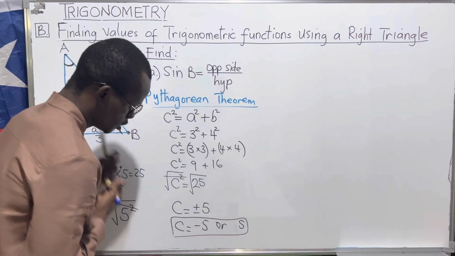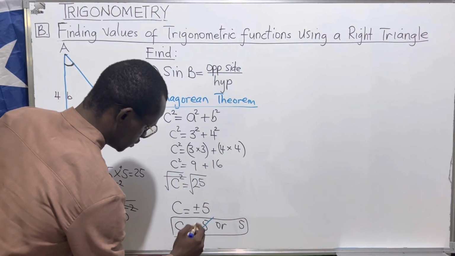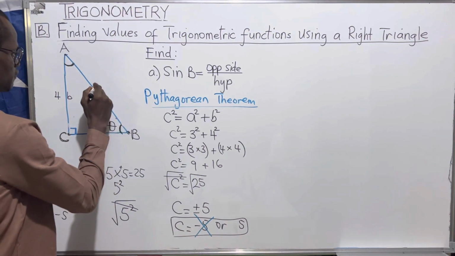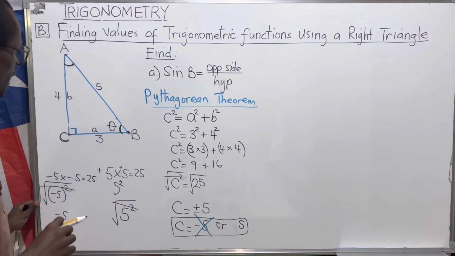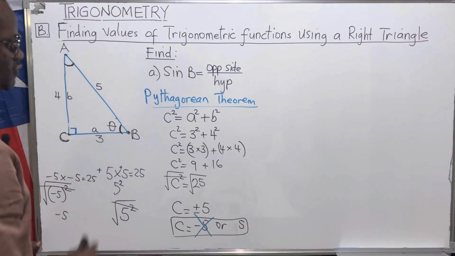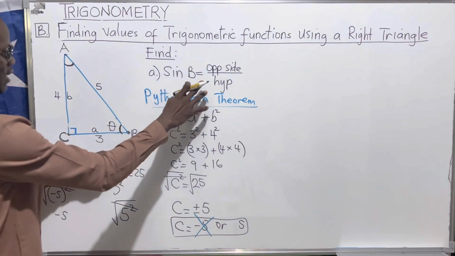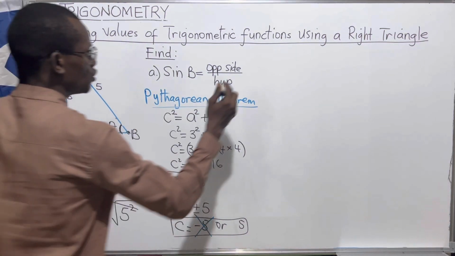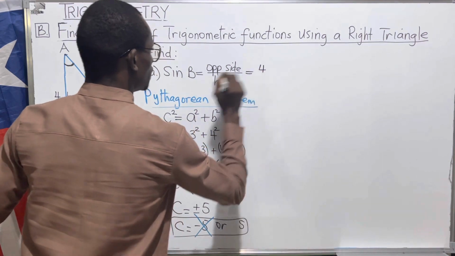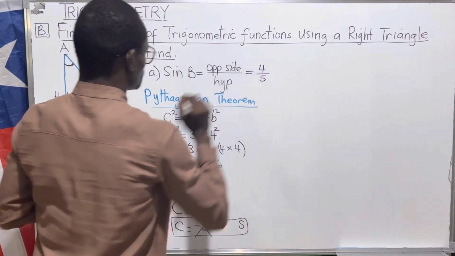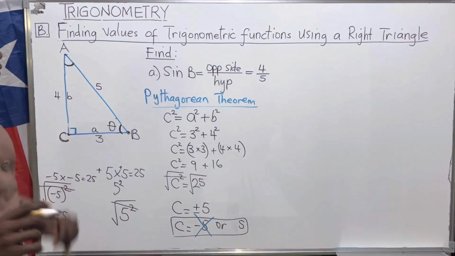So we get rid of negative 5 and select positive 5. So now we have the values of the 3 sides: 3, 4, and 5. The opposite side to angle B is 4, and the hypotenuse is 5. So sine of B is equal to 4 over 5.